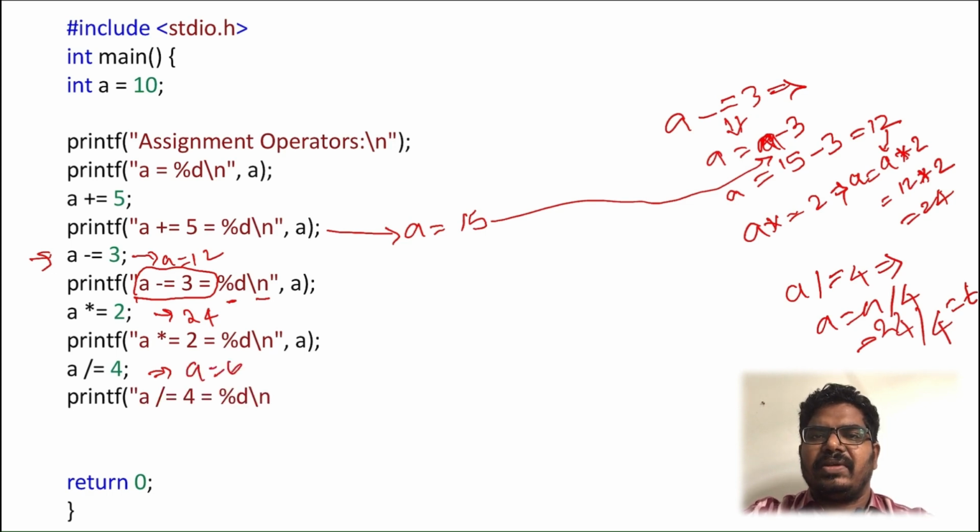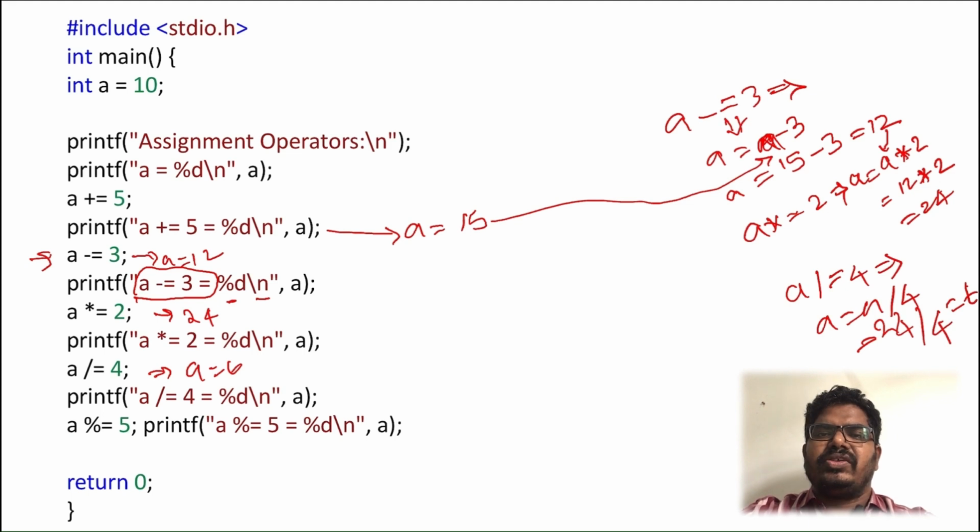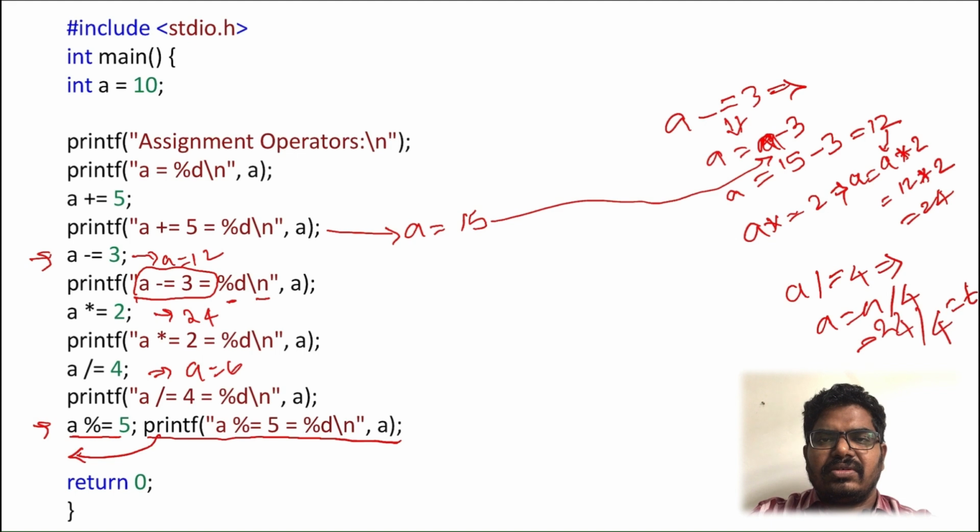Let me see another operation. Now here I am printing the expression, a percent equal to 5. You have to be careful about this: after the semicolon, I am starting the new statement immediately. This is allowed and is equivalent to having it on a new line. Due to space constraints, I am writing two statements in one line.